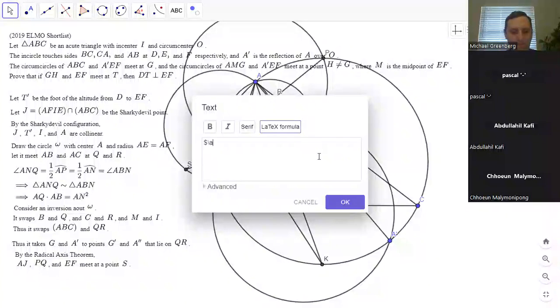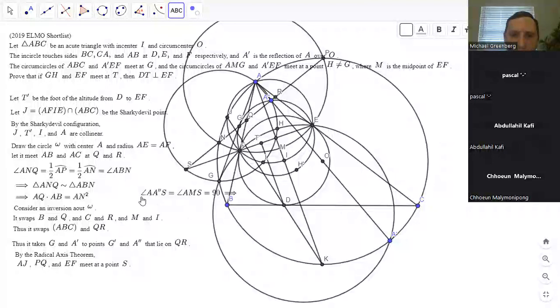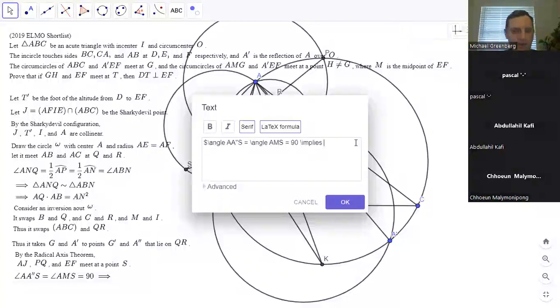So AMS equals 90, and that means that A double prime, HMGS is cyclic. It's cyclic.